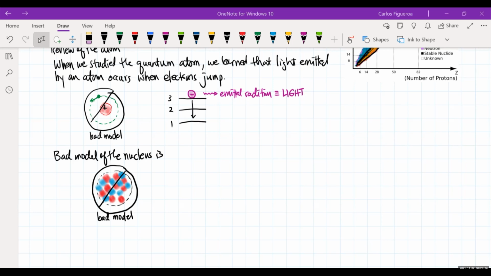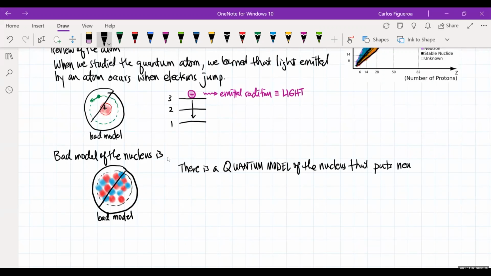And so what we find here is that there's a quantum model of the nucleus. So when I look at this, I would say there is a quantum model of the nucleus that puts nucleons, remember what nucleons are, right?